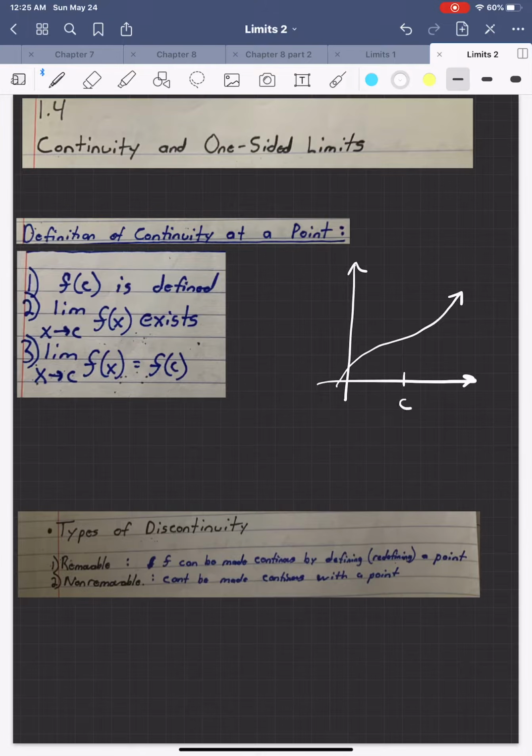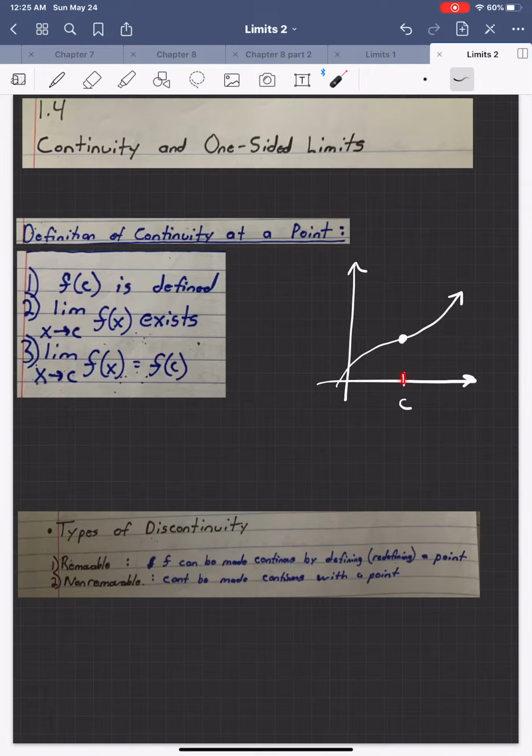So here's some point c, and we are trying to talk about continuity at this point. What does it mean to be continuous at some point? Well, first, f of c is defined. Now, what does that mean?